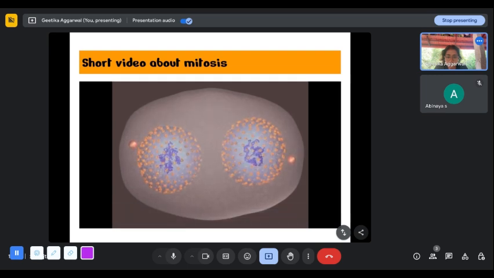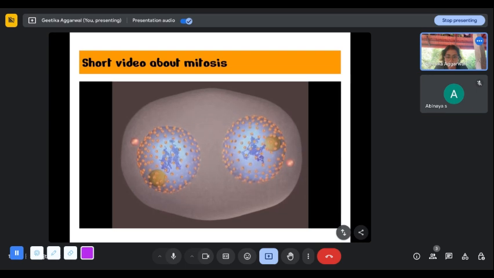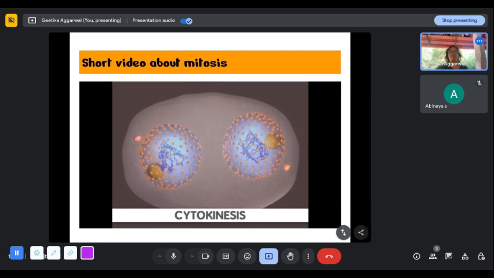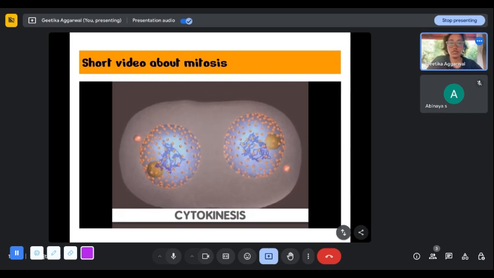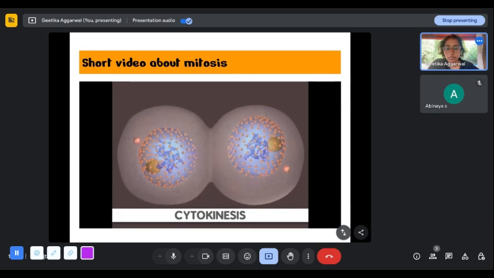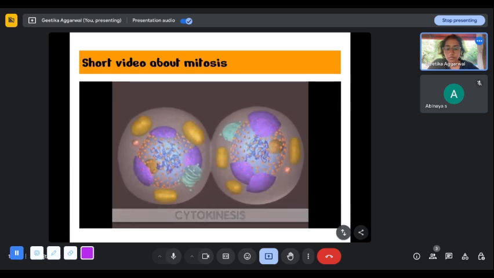Mitosis is now complete. The formation of two cells is all that remains. Following mitosis, the cell undergoes a process called cytokinesis. First, the cell is compressed by a contractile ring that divides the cell in nearly equal halves. By now, the organelles in the cell have been replicated and are now divided between the two halves of the cell.